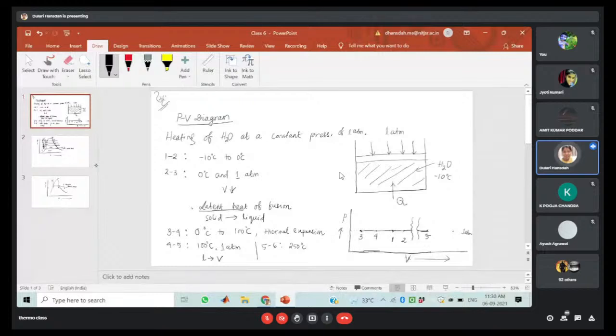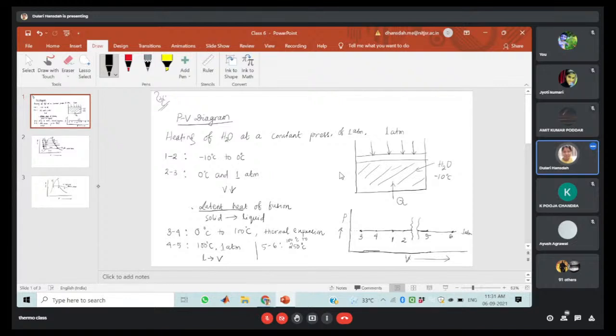Here the vapor will be heated and the temperature will increase from 100 degrees Celsius to 250 degrees Celsius. Your volume of vapor will increase somewhat, we can say up to this point. In this case, we can say it is the superheated vapor.